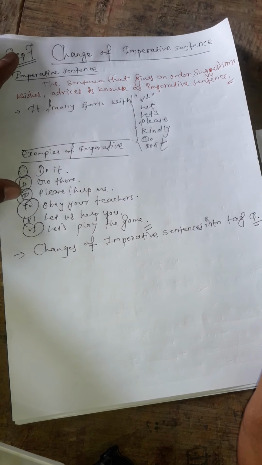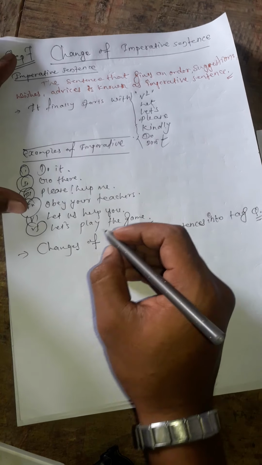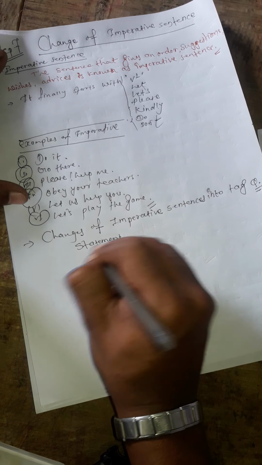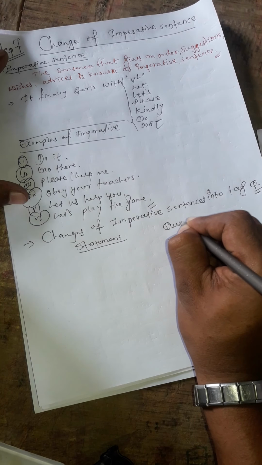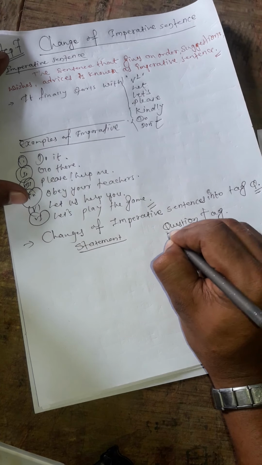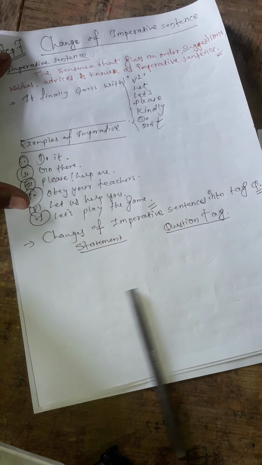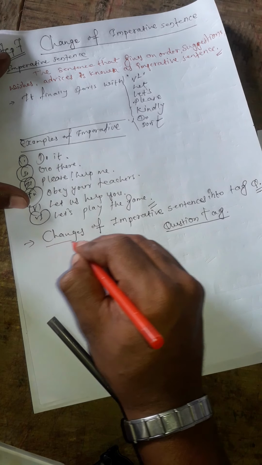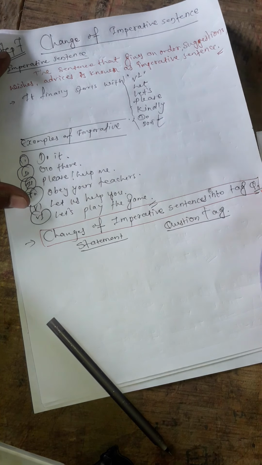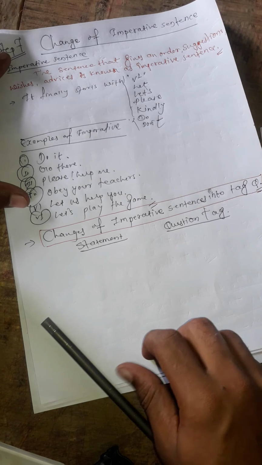Change of imperative sentences into tag questions. Now, a statement and question tag. Here, changes of imperative sentences into tag questions. It is very important.